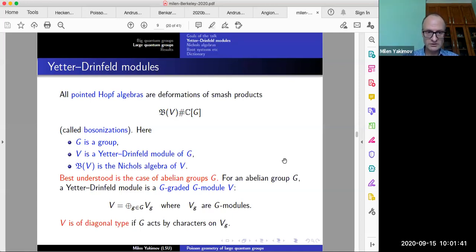We say that this module is of diagonal type if the group G acts by characters on each of these modules V_g. So in other words, each of them is just a direct sum of one-dimensional representations. That's why it's called diagonal.